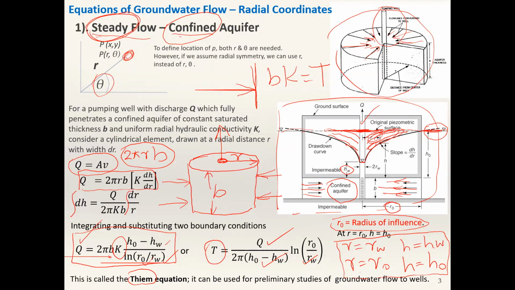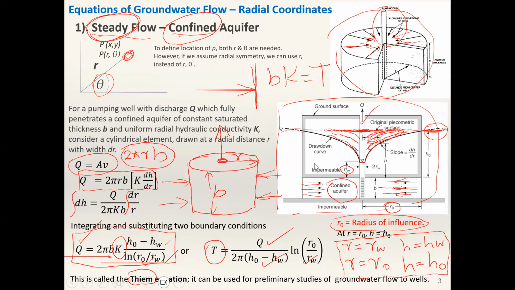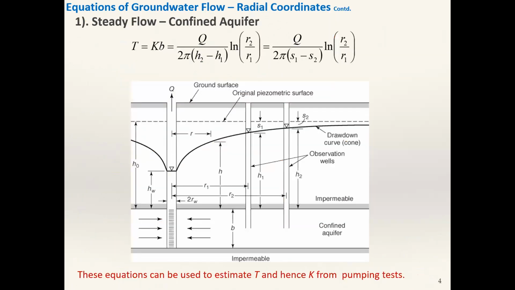But without having several observation wells, you cannot know where this radius of influence is. Therefore, instead of that, we can have two other boundary conditions.